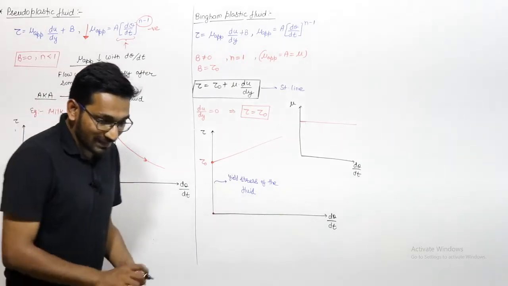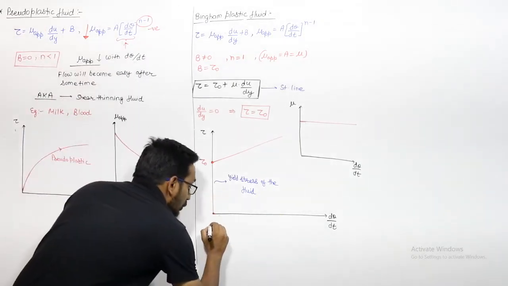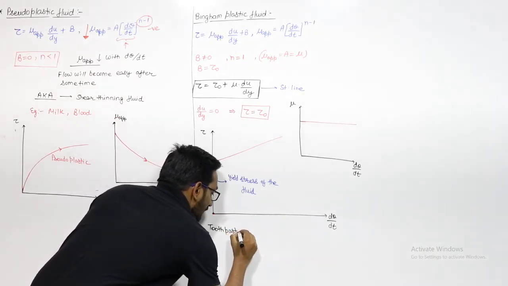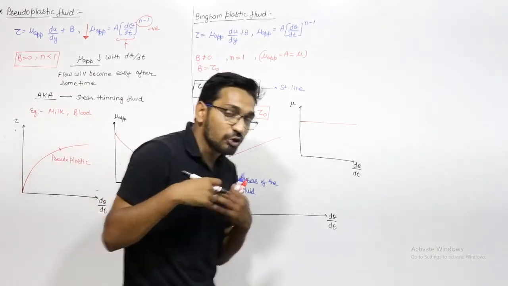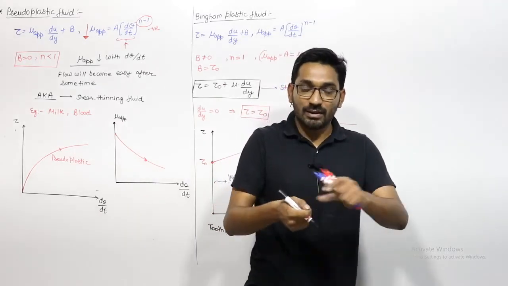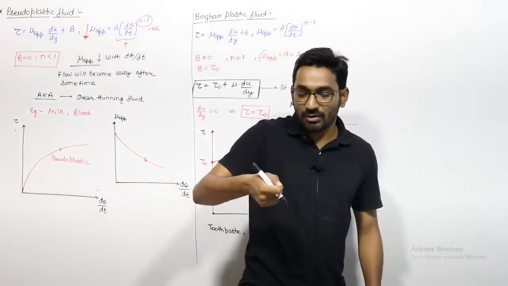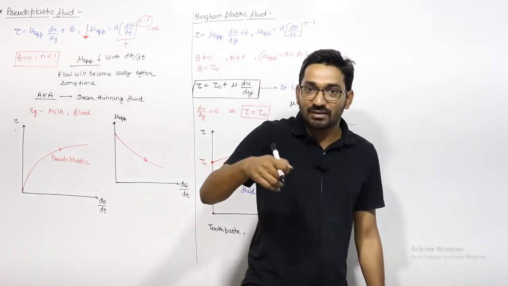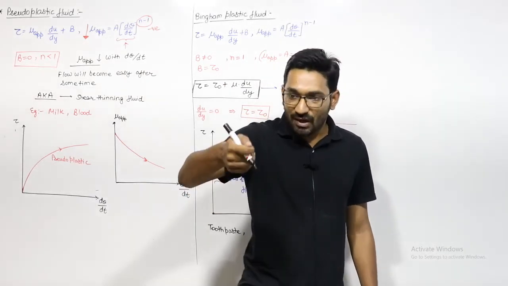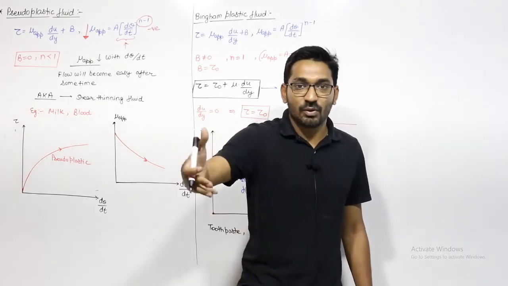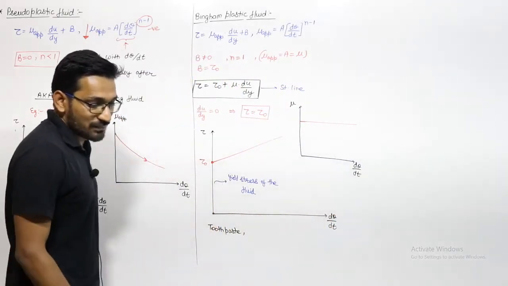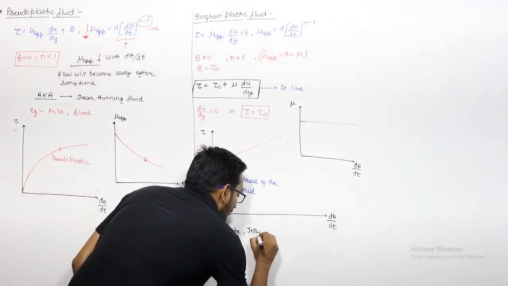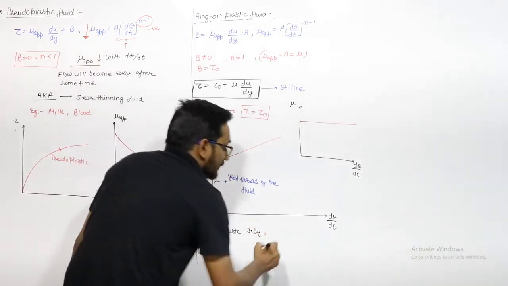And if you want an example for this, the example will be toothpaste, right? To make toothpaste flow out from the tube, you have to apply some minimum stress. If you apply a very small stress, then the toothpaste will not flow. After some minimum stress only it can flow. So toothpaste is an example of this. Jelly is also an example.